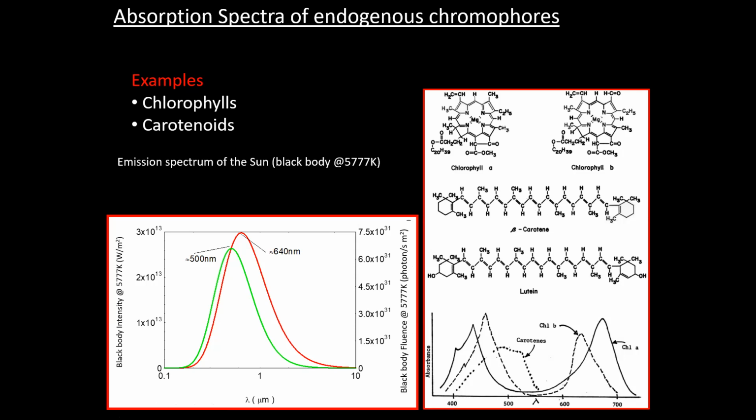What is happening when light from the sun is hitting a leaf? The frequencies that are absorbed, and the frequencies that are not absorbed are reflected. Now, if the leaves are green, it means that the green is reflected, so it is not absorbed.